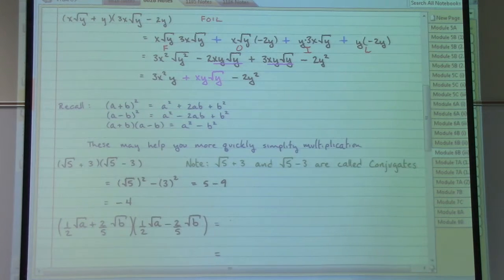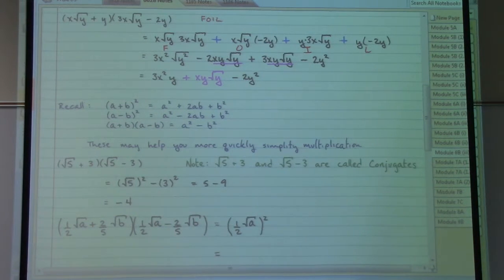So according to our formula, we would take the first term and we would square that. And we would take the second term and we would square that. And we'd put a minus in the middle.